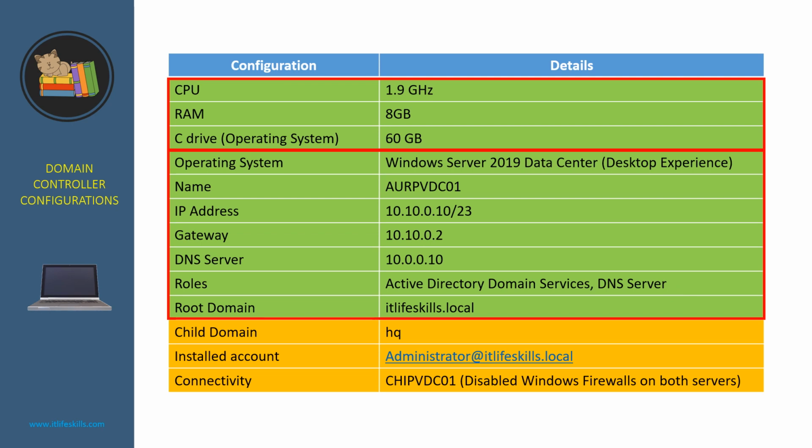And we are going to promote the server to a domain controller of the child domain hq.itlifeskills.local. And we will use the administrator at itlifeskills.local account to promote, and we must make sure that the server has connectivity with the domain controller of the parent domain, GPVDC01.